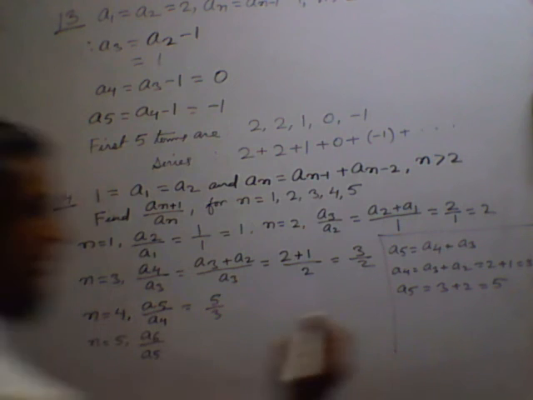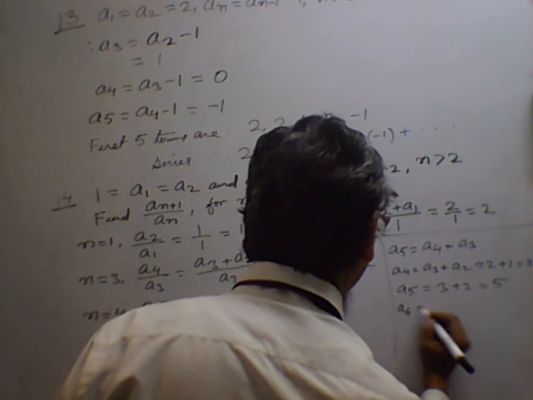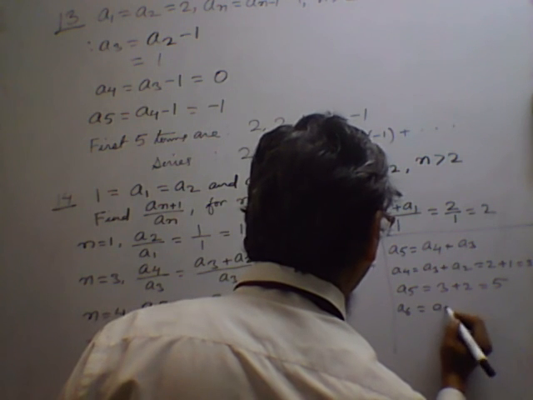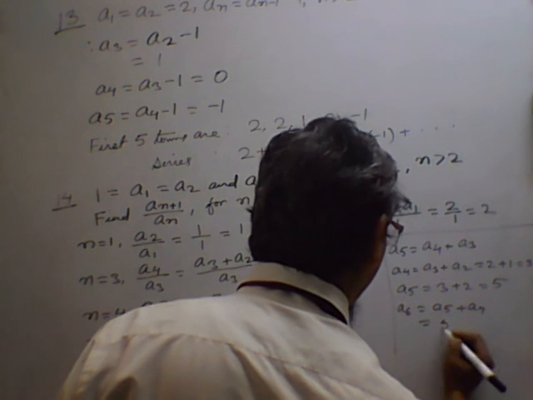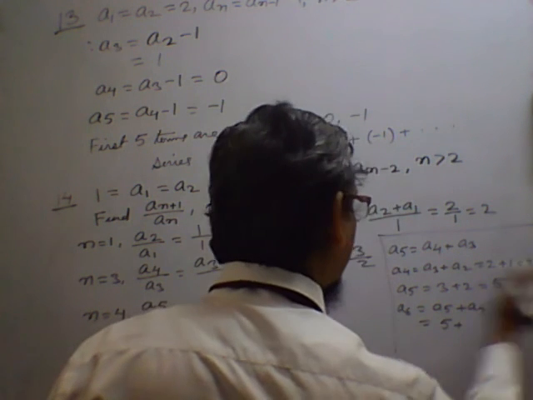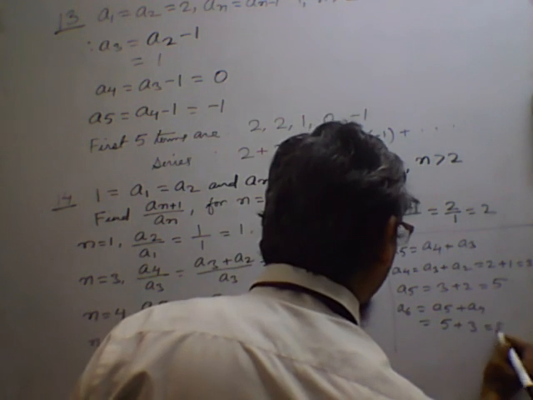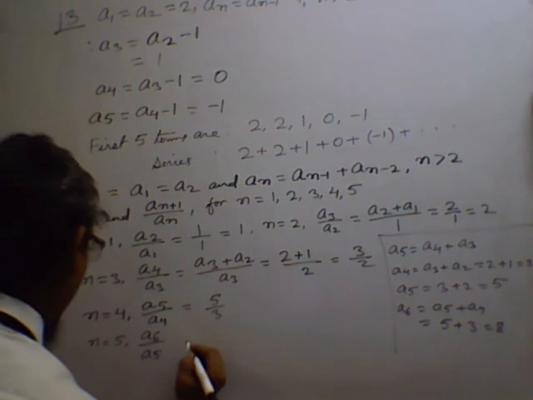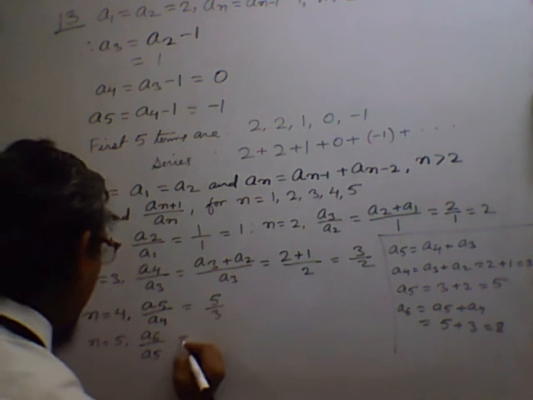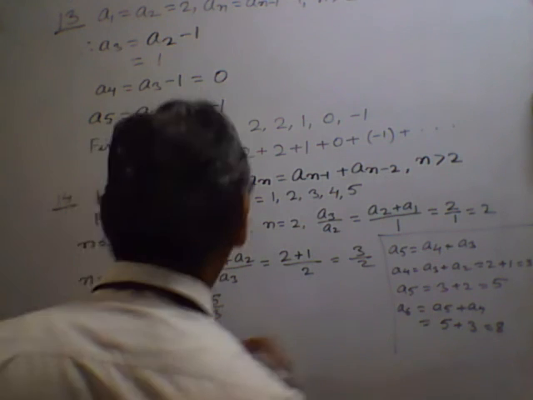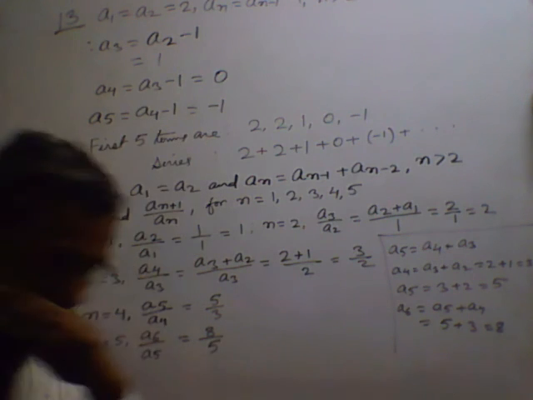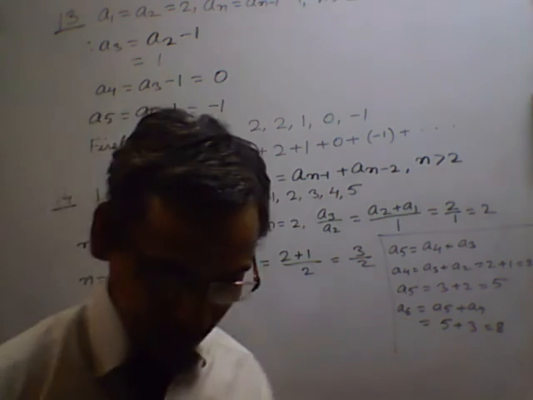Now we will find out A6. A6 will be A5 plus A4. And A5 is equal to 5 and A4 equals 3. So it will be 8. Therefore, 8 over 5.